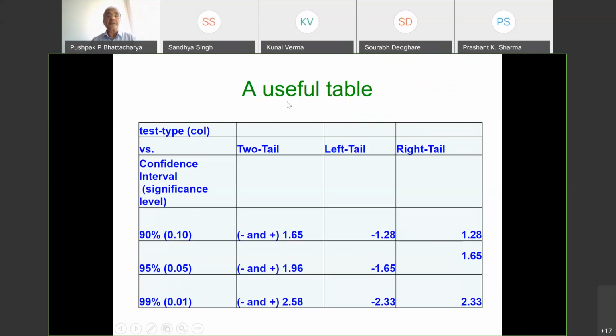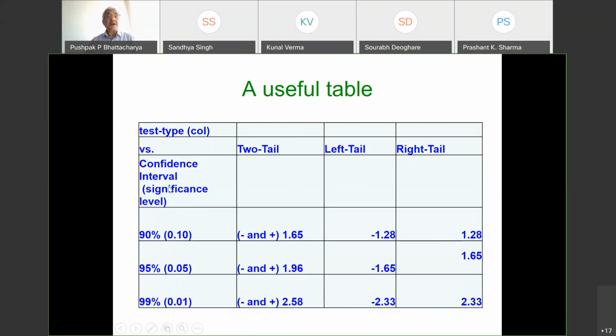Now, let's remember the confidence interval table, which is very, very useful. This I remember was done last time and maybe the time before also, and it is very important for our discussion. So the test types are on the columns: two-tail test, left tail test, and right tail test.